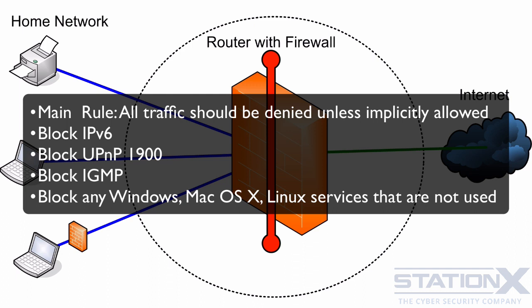If you're not sure whether you're using IPv6, then you're simply not using it. You want to block UPnP on port 1900. I mentioned that already. You want to block IGMP, and you want to block any Windows, Mac, or Linux services that are not being used by you.